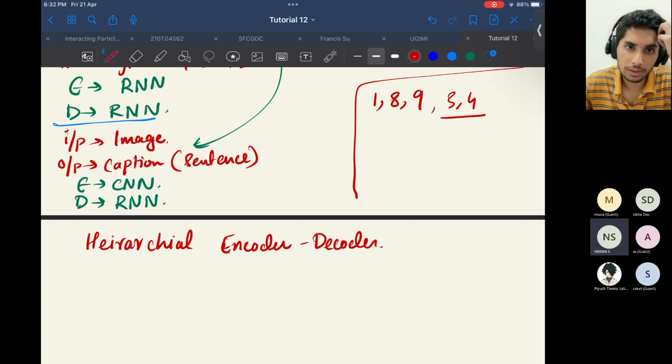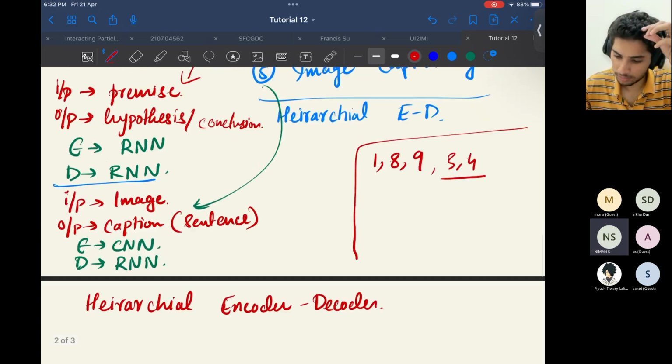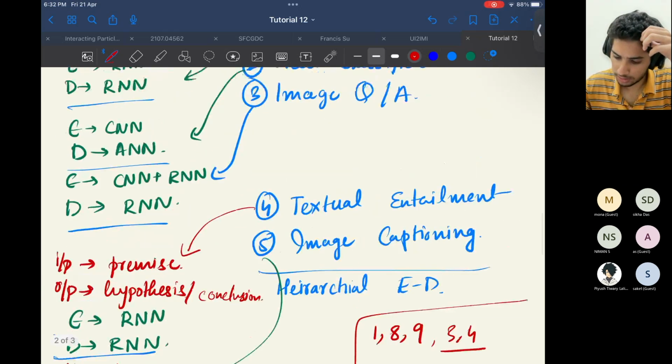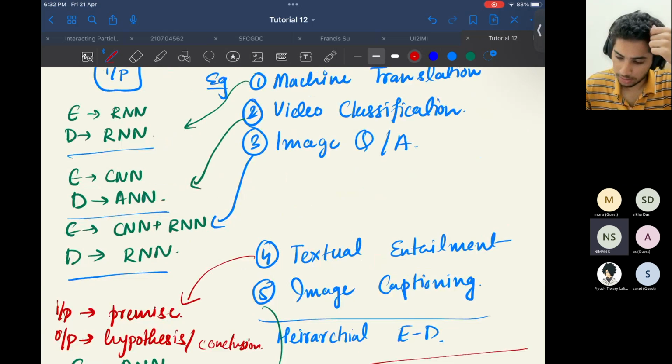You also mentioned that RNN plus CNN can be used for image Q&A. But after submitting my assignment it shows that the answer is wrong. They accepted video capturing as the answer.